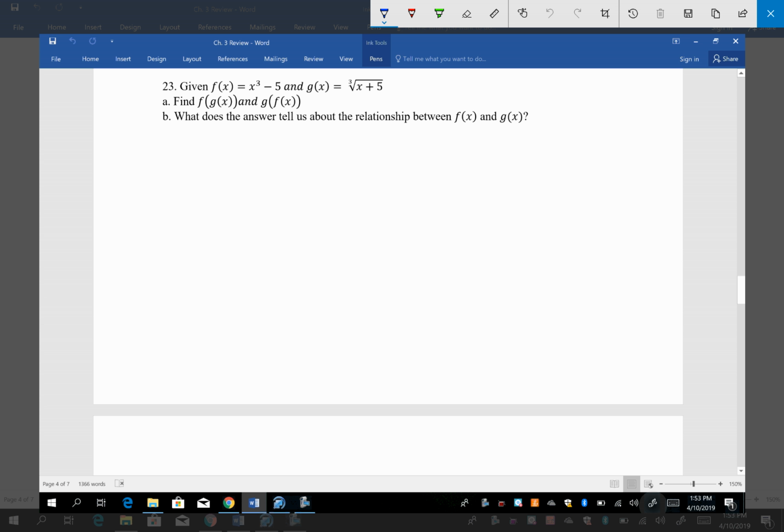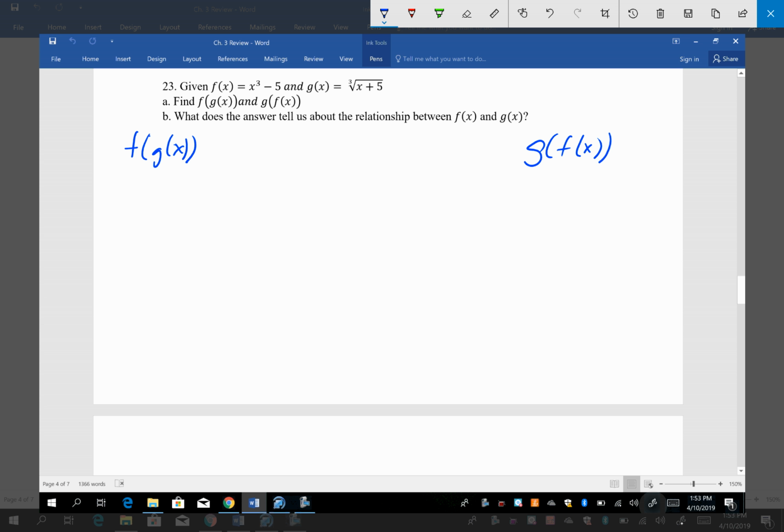Amazing. So, number 23 says to do f of g of x and g of f of x. All right, this is called what? Well, we're going to determine if they're inverse functions by using something.